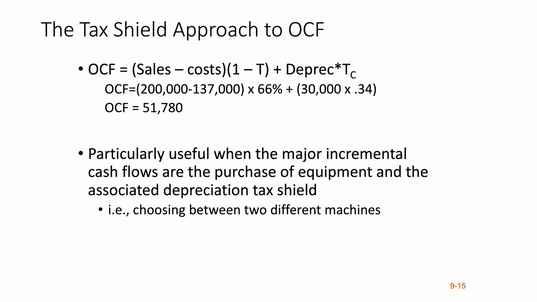The straight-line depreciation is $30,000 per year times 34%. That amount is the tax shield. The total amount, therefore, is $51,780. This is what we call the tax shield approach, the third way to evaluate the operating cash flow.